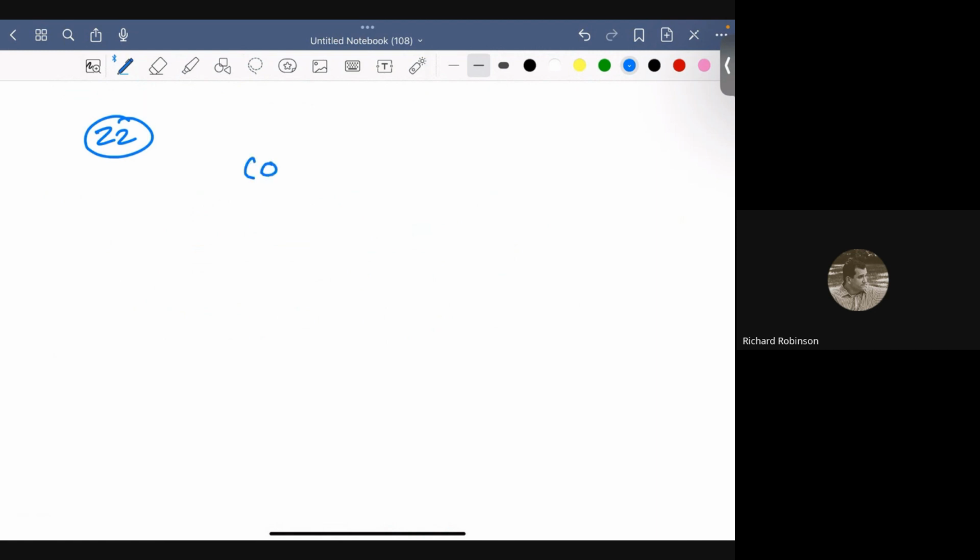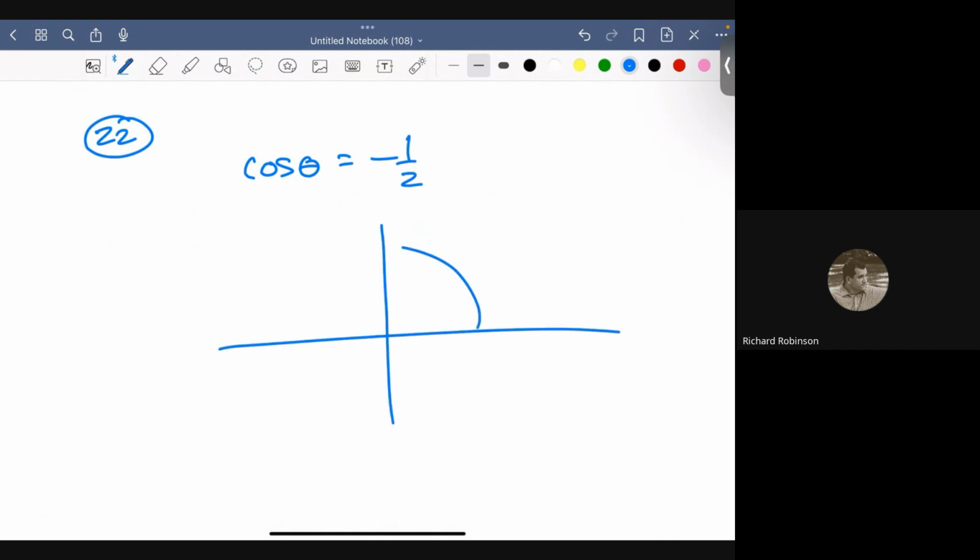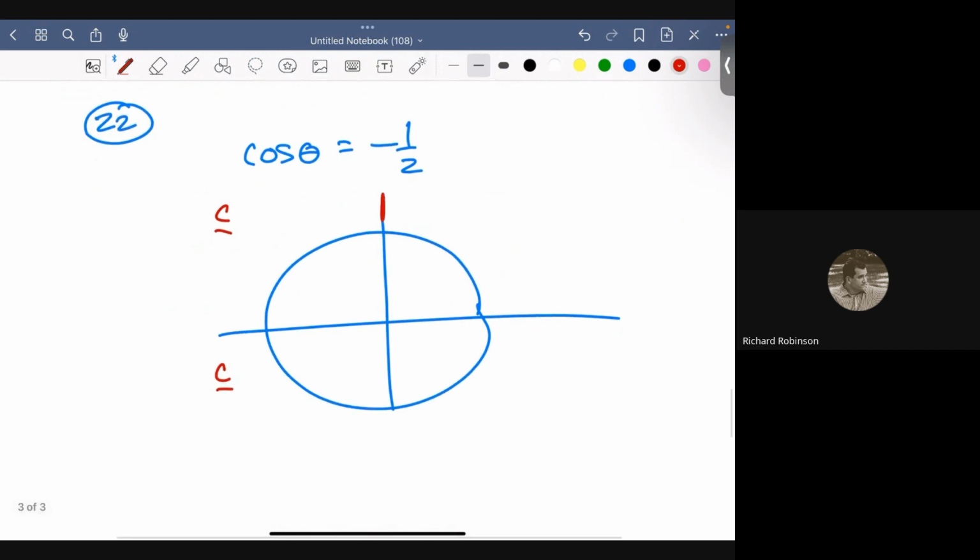Okay. So let's look at 22 together. It says find an angle where the cosine of theta is equal to -1/2. Well, first, if it's negative 1/2, what quadrant might we be in? Either what or what? 2 or 3. Does everybody agree it's 2 or 3? Because cosine is negative here and here, right? But it must give you more information, and it does. It says we need to be between pi over 2 and pi, which means we're in this quadrant.